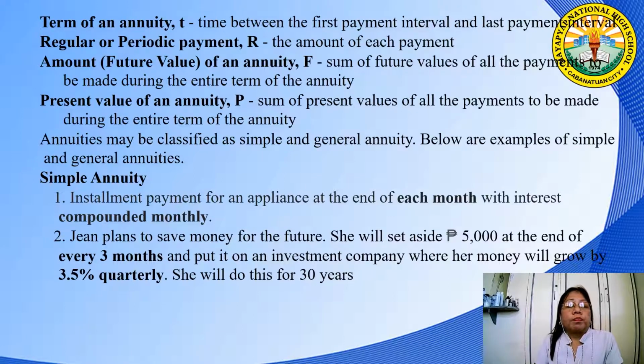For example, Jean plans to save money for the future. She will set aside 5,000 pesos at the end of every 3 months and put it in an investment company where her money will grow by 3.5% quarterly. She will do this for 30 years.